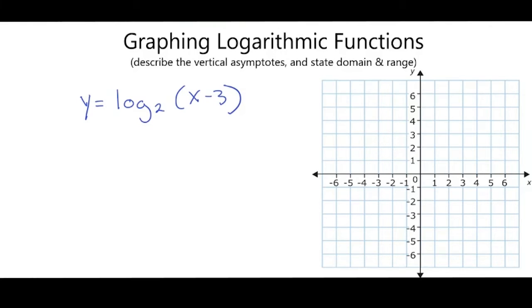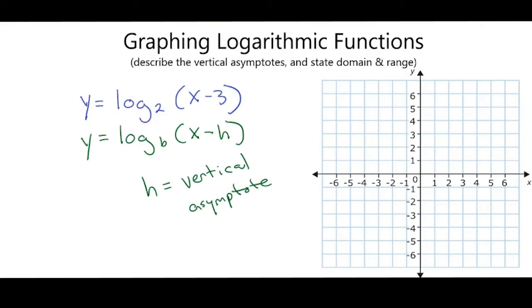If I have a logarithmic function of this form, y equals log base b of (x minus h), then h is our vertical asymptote, and the entire graph would get shifted h units.